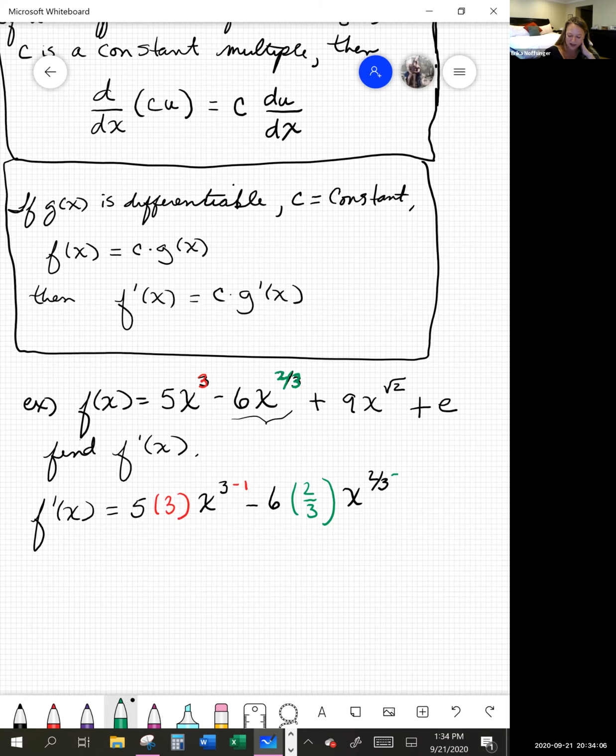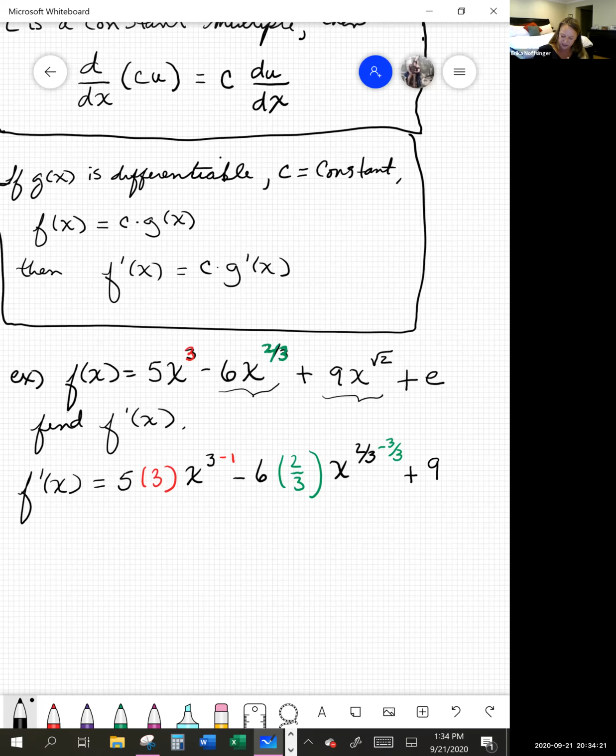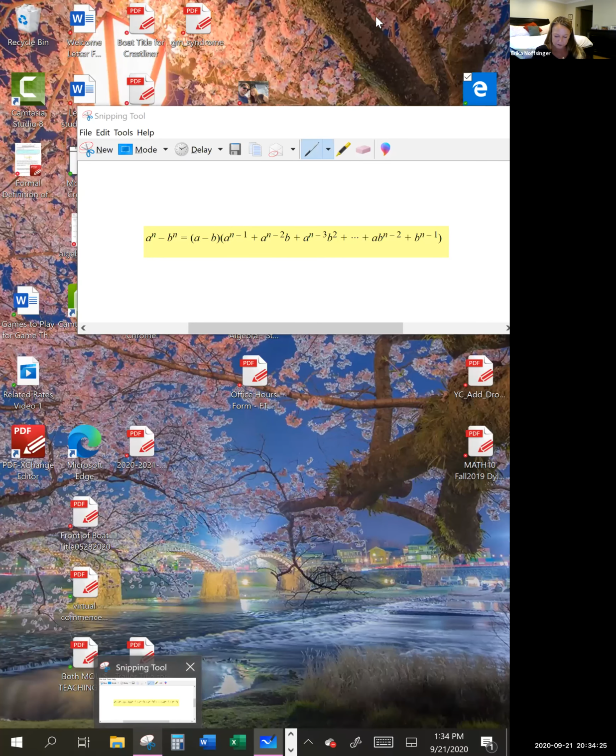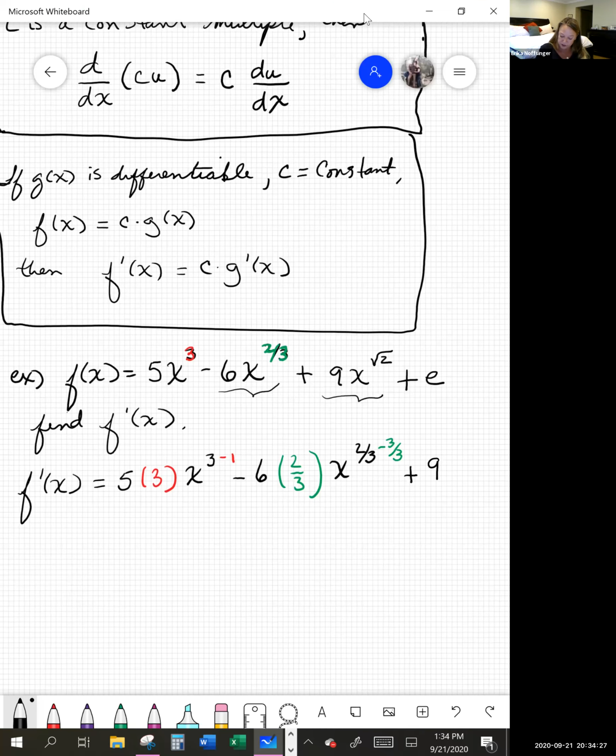I'm going to write my 1 so I have a common denominator, so minus 3/3. And then I have plus, so my coefficient of 9. The exponent root 2 is a real number, so I'm going to bring my exponent down, root 2.